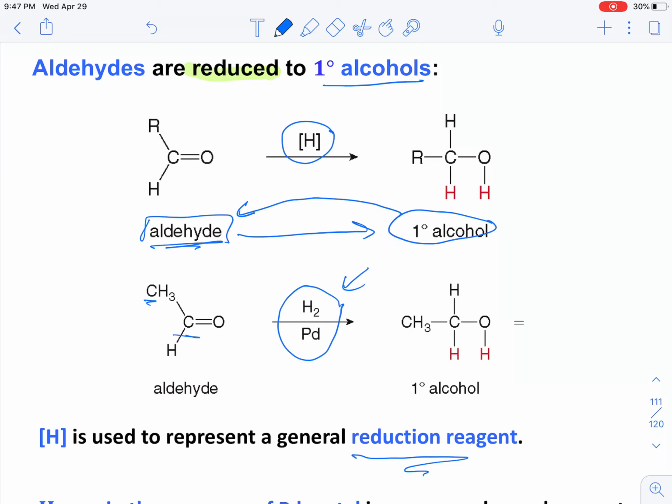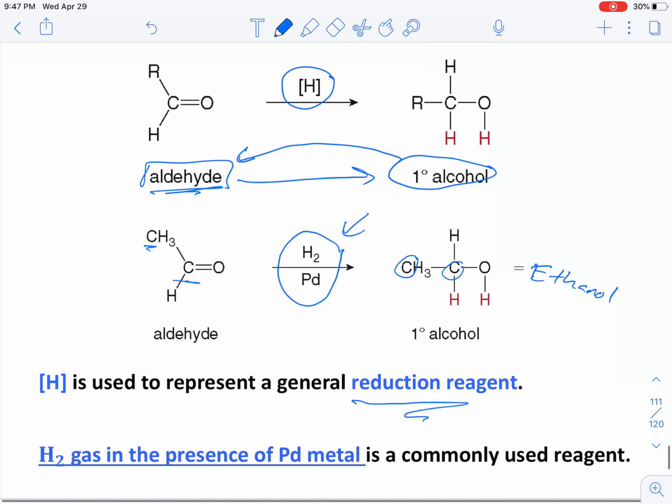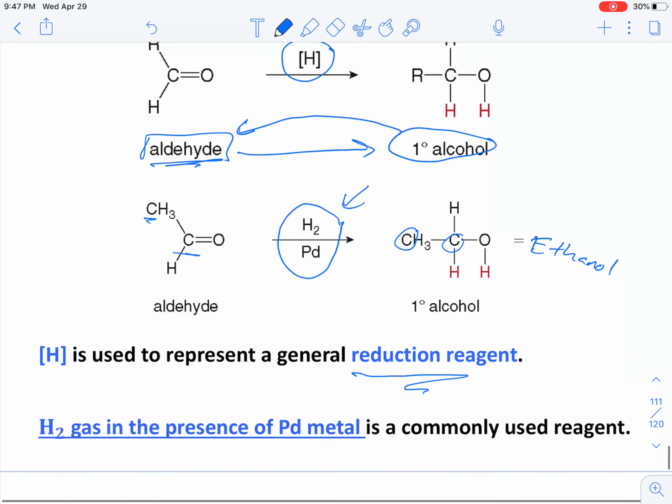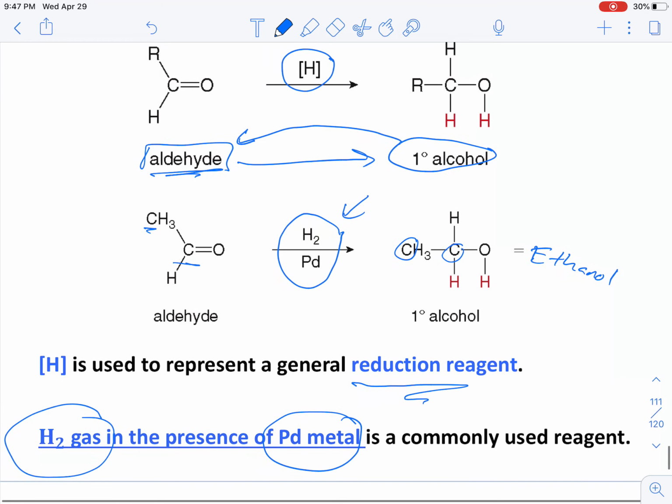And if you check out the name of this primary alcohol, this is a 2-carbon alcohol. So this is ethanol. And so this is a reduction process that can occur both in your body and in industry, right? And so once again, the presence of palladium and hydrogen gas is a common reagent to perform reduction.